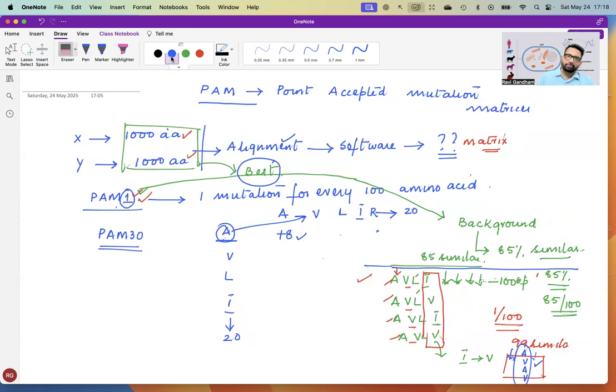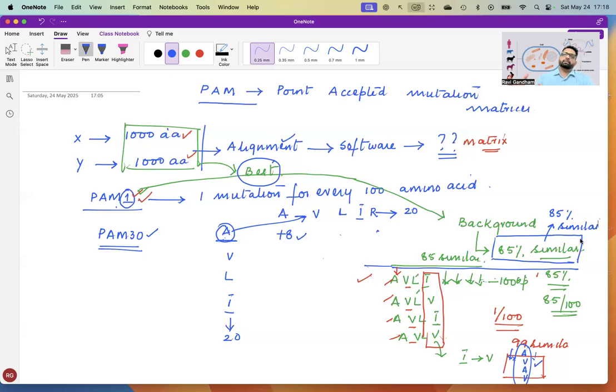Originally, the one that was given by Dayhoff, right? They explained that global alignment is always done, whatever the number, PAM1, PAM30, or whatever it is. Global alignment is always considered for sequences that are around 85% similar.